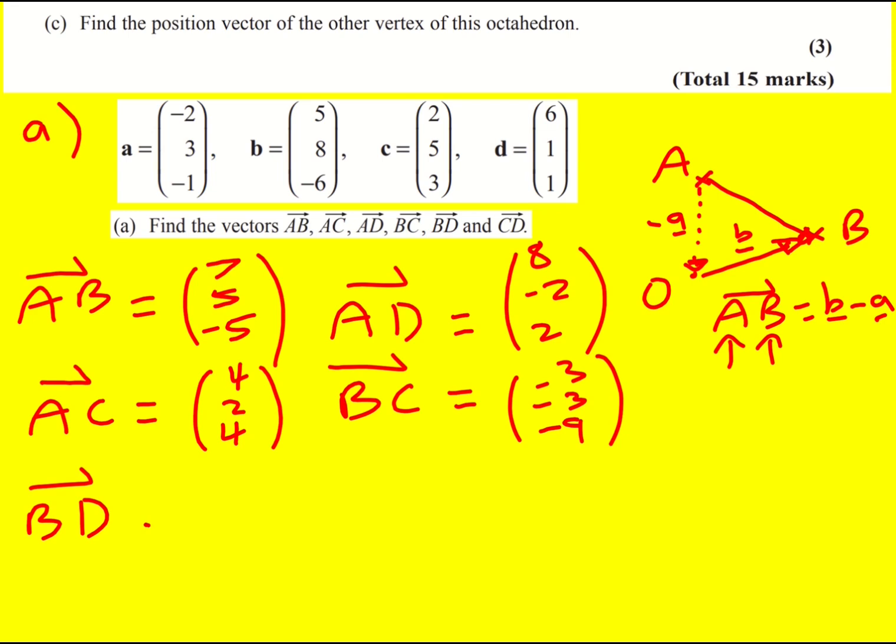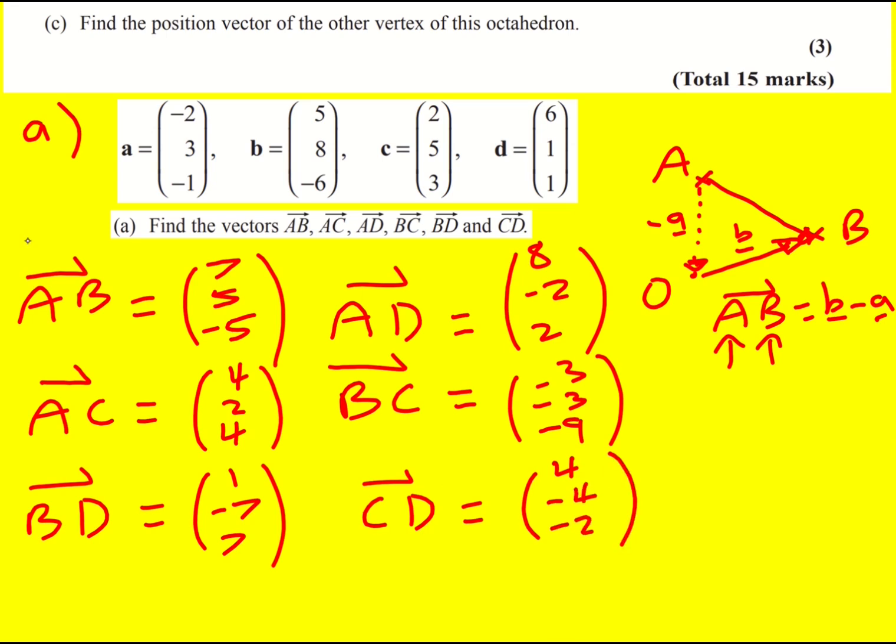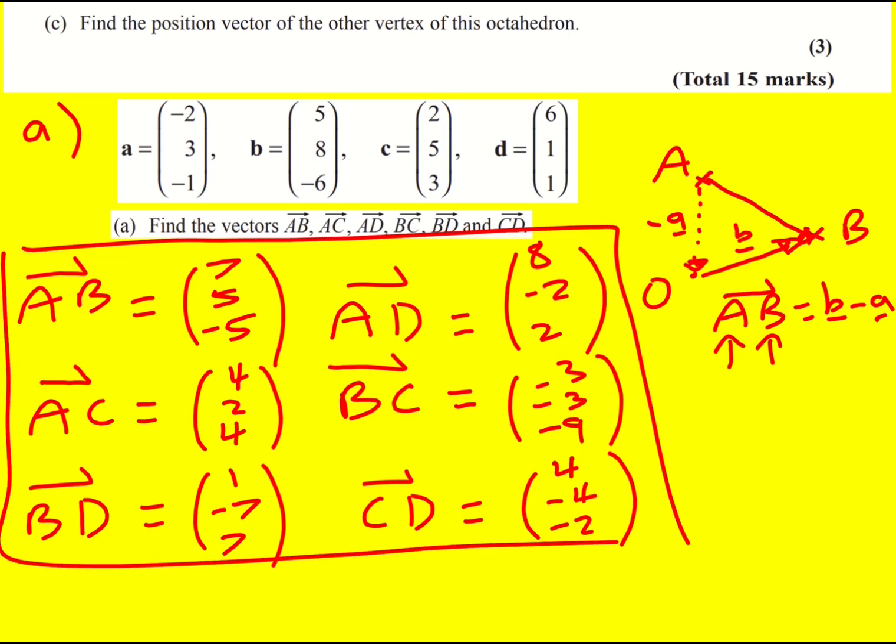BD is D minus B, 1, minus 7, and 7. And then finally, CD is going to be D minus C, 4, minus 4, minus 2. Brilliant.